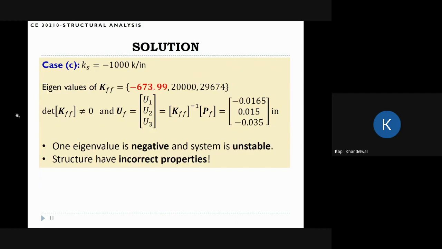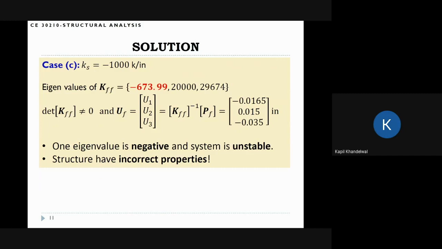So this system is unstable, and the instability is because of this negative eigenvalue, because we have fundamentally made a mistake and put a negative value for the stiffness coefficient. Eigenvalues reflect the stability of the system, and in any reasonable structure, all eigenvalues of KFF should always be greater than 0. So a 0 or negative eigenvalue reflects instability.